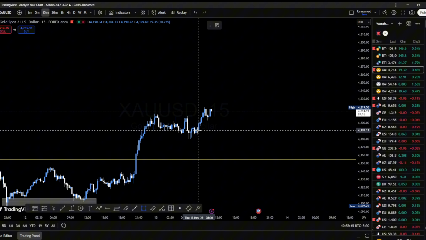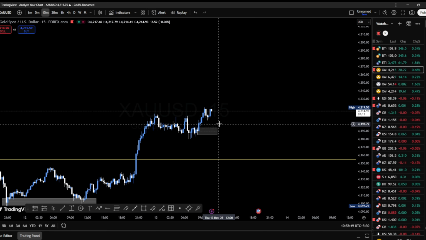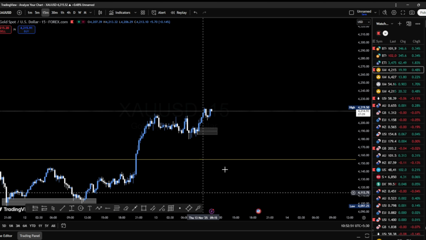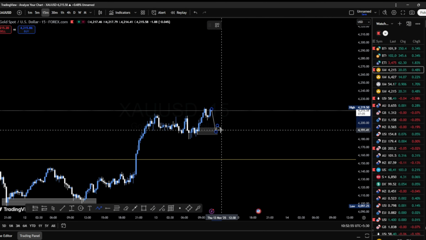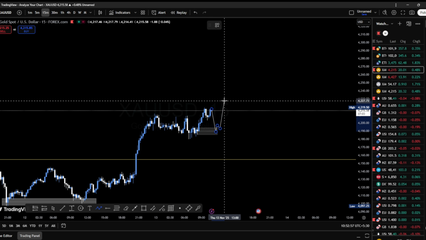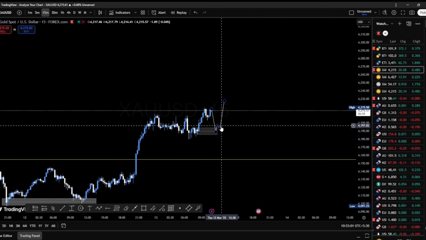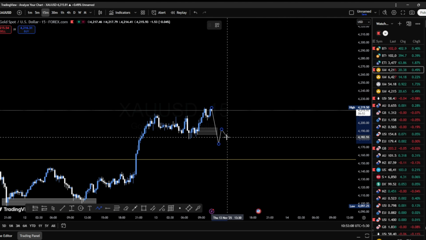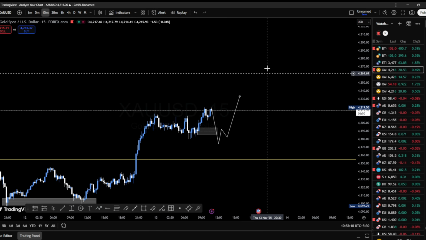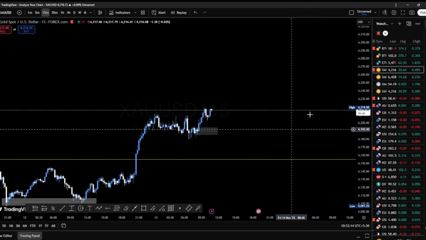If the market comes to this zone and holds these zones, with a liquidity sweep like this, and does a little bit of retracement in the shorter time frame, then go upside. If that doesn't happen, you have to wait for the sweeping of all these liquidities, then go upside. This is for gold right now.